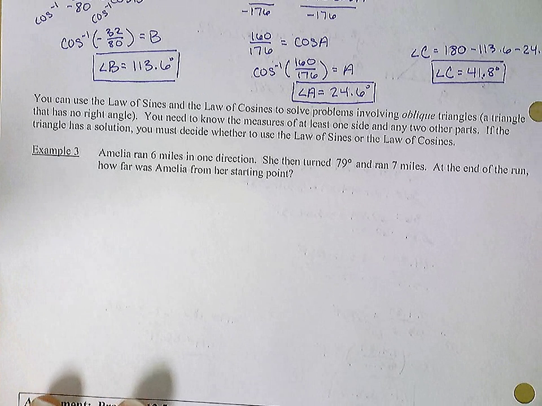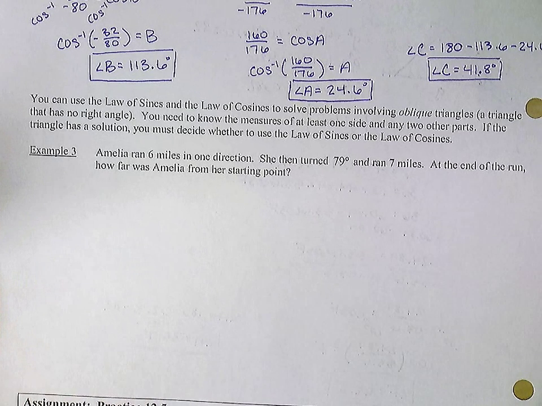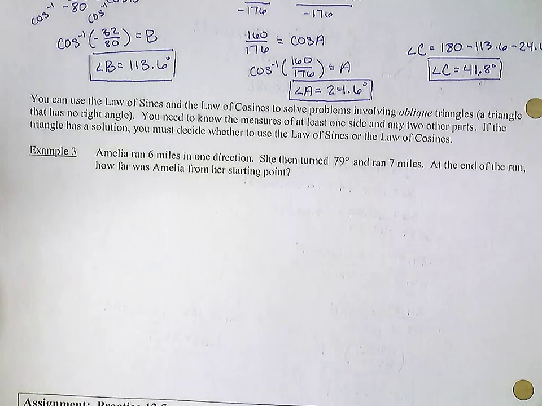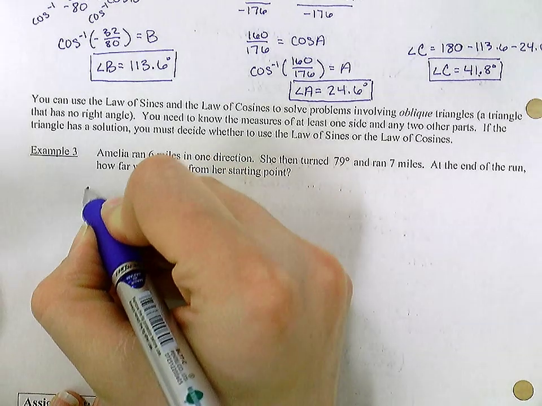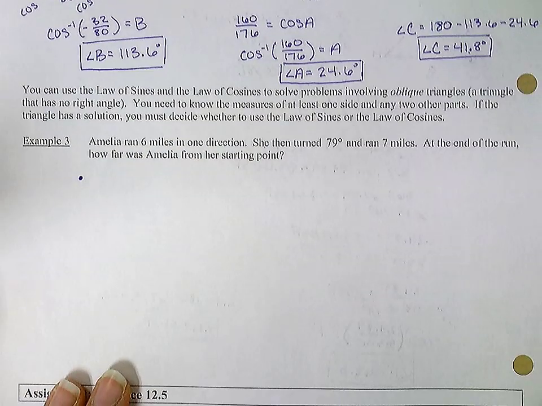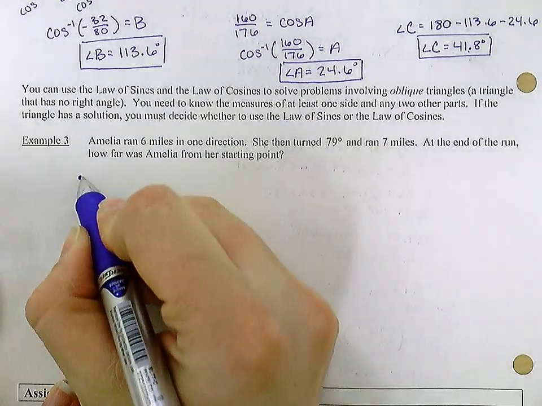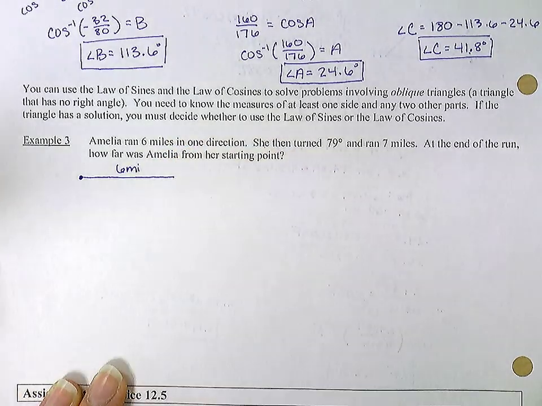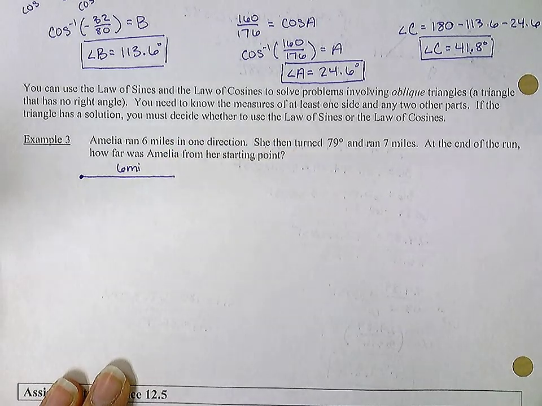So in example 3, Amelia ran 6 miles in one direction. She then turned 79 degrees and ran 7 miles. At the end of the run, how far was Amelia from her starting point? So if she starts here at this point, she ran 6 miles in one direction.